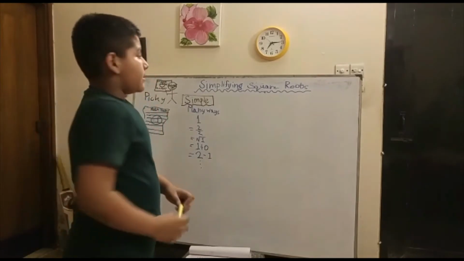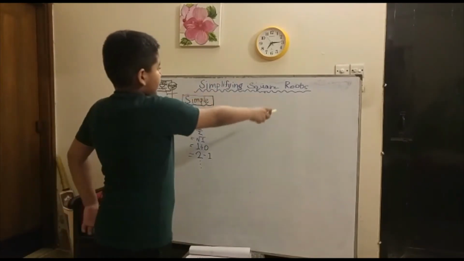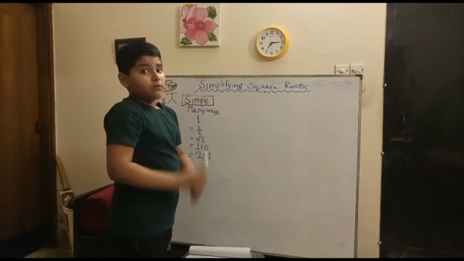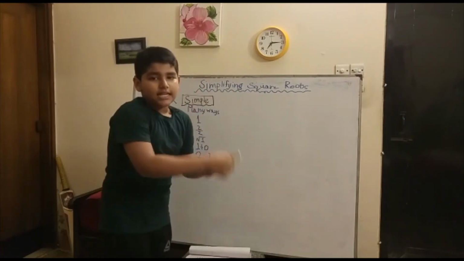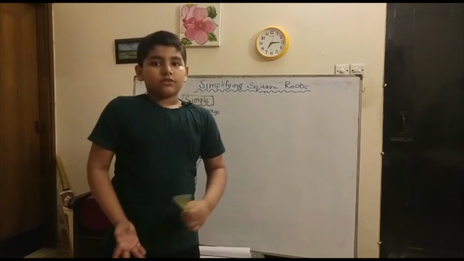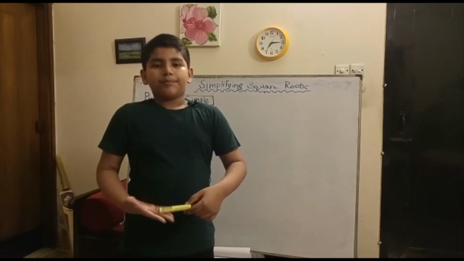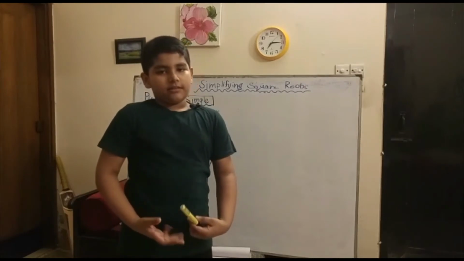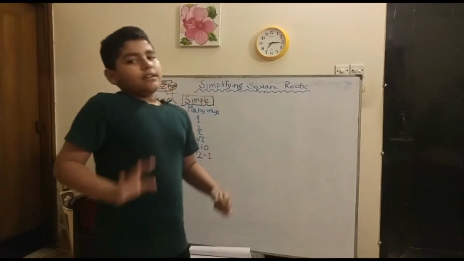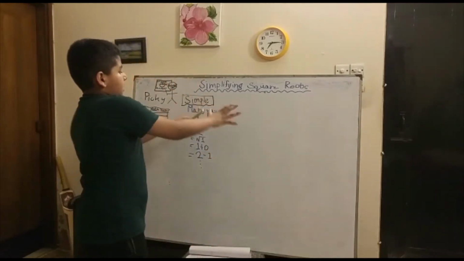Just like that, in every single calculation we make, we want to make things as simple as possible. Like 1 plus 1 could be expressed as 2 minus 0, but we usually write it as 2 because the plus 0 is unnecessary. So just like that, as simple as possible.